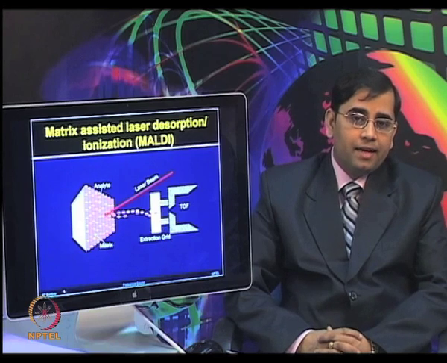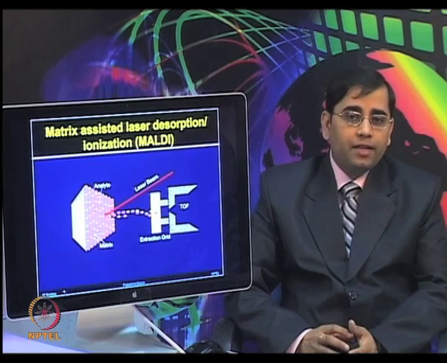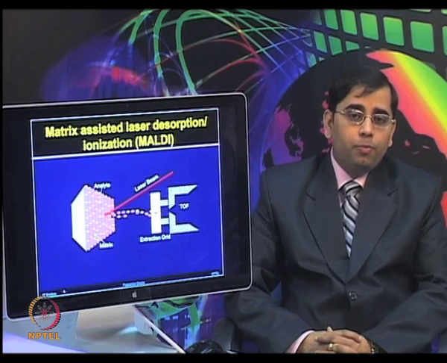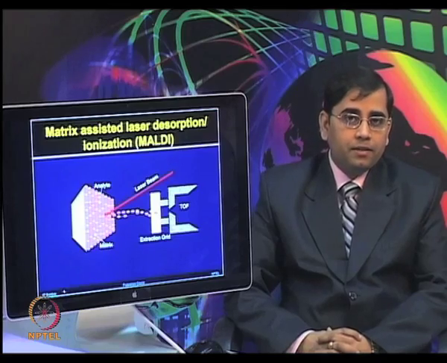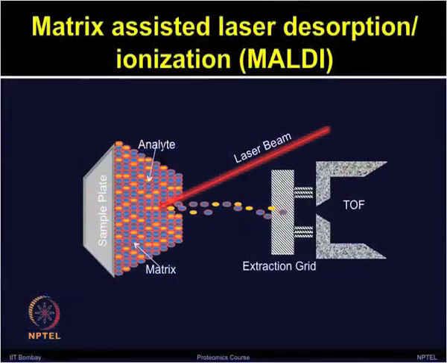As you can see in the slide, the left section shows you how to place the analyte and matrix together on the sample plate. Once you have placed the matrix and the analyte on the target plate, you can put that in the vacuum chamber and apply high voltage. Now, these crystals are targeted with short laser beams, as you can see in the slide.